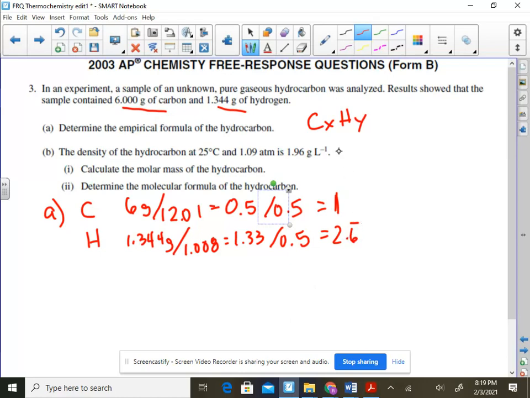Looking at that, I know I need whole numbers for both of them, not just one of them. So I need a number that I can multiply both of these by to get 2 whole numbers. Now I'm going to multiply this by 3. When I do that, I get carbon is in a ratio of 3 to, and when I multiply this one, I get 8. And so we have C3H8.